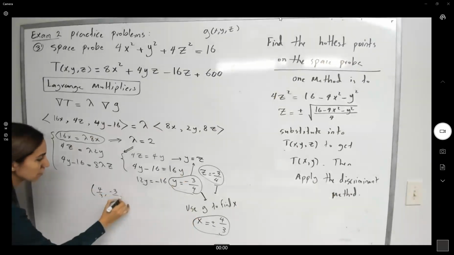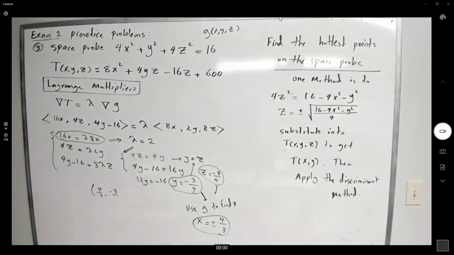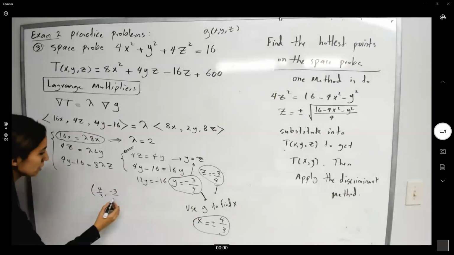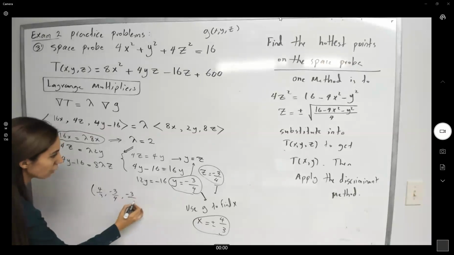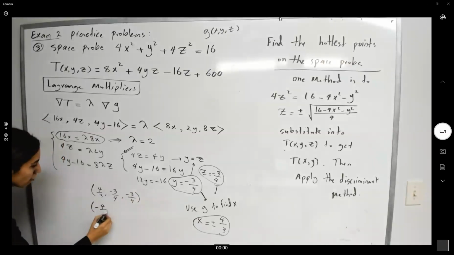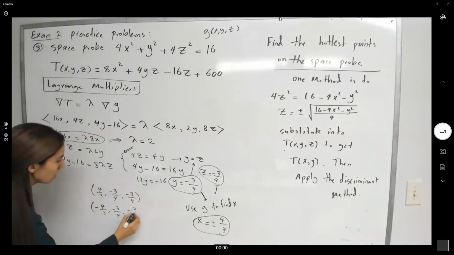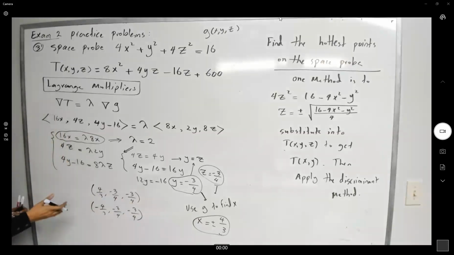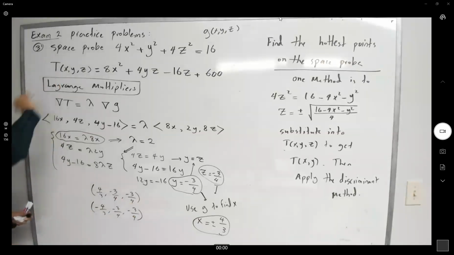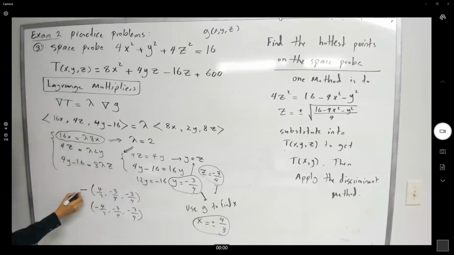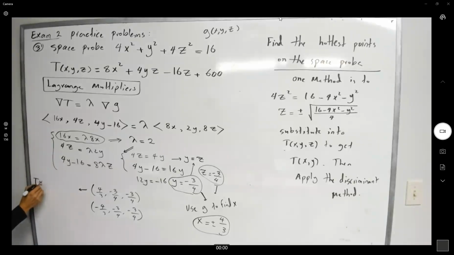The first is 4/3, negative 3 divided by 4, and negative 3 divided by 4. And the second point is negative 4/3, negative 3 divided by 4, negative 3 divided by 4. Now you have to plug these two into the temperature to find the temperature at each. So the temperature is approximately, let's see, almost 643 degrees.